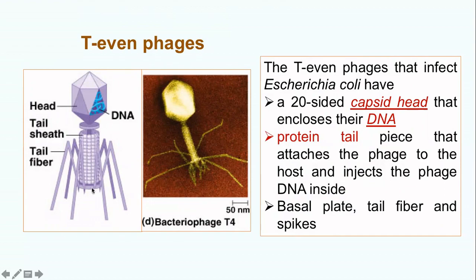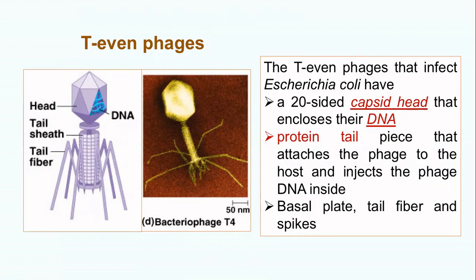The protein tail has a tail sheath which ends in a basal plate, which has small spikes projecting out, and long tail fibers. This basal plate, the spikes, and the tail fibers help to firmly attach the bacteriophage on top of E. coli cells, and the icosahedron head protects the genetic material within. So this is the structure of the bacteriophages.